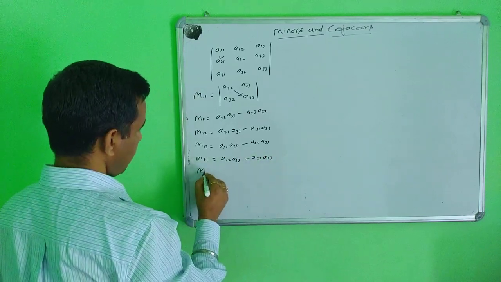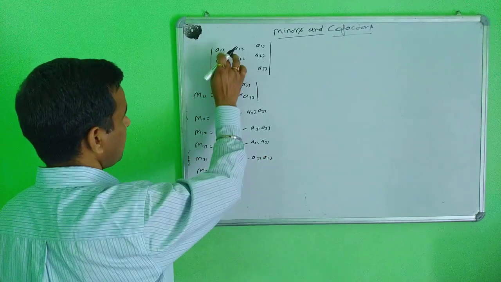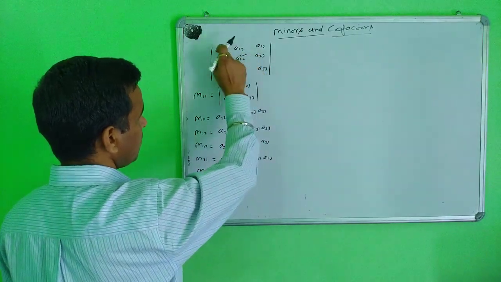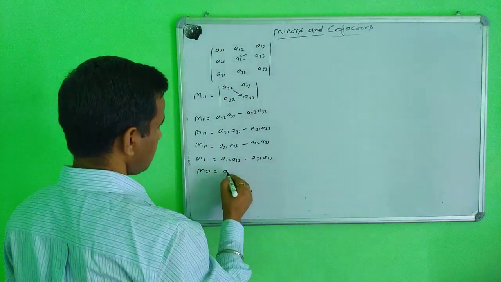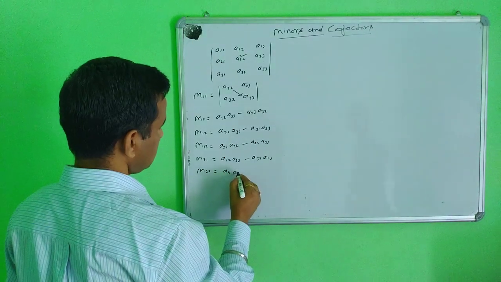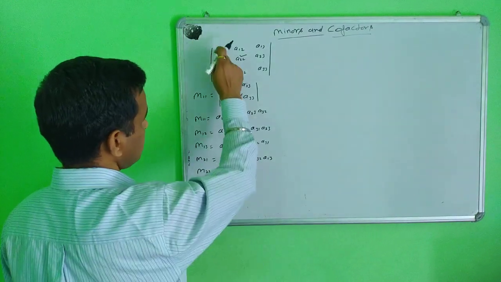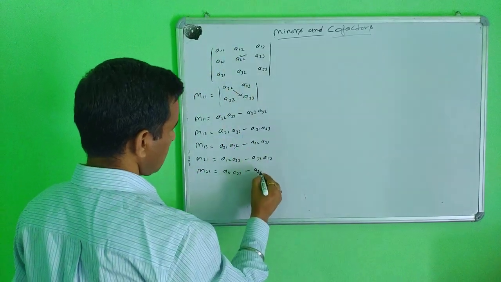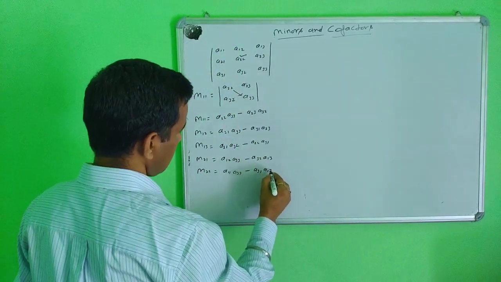Next, M22: this column and this row will be hidden, only four are left, A11, A33. This and this multiplied, minus this and this multiplied, A31 and A13.